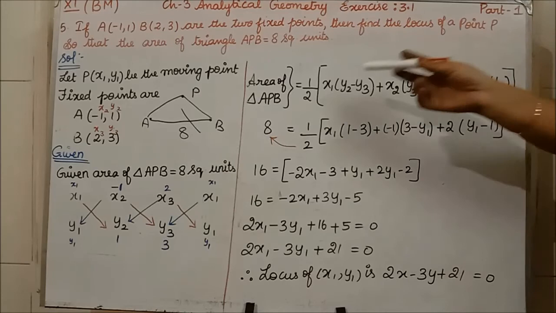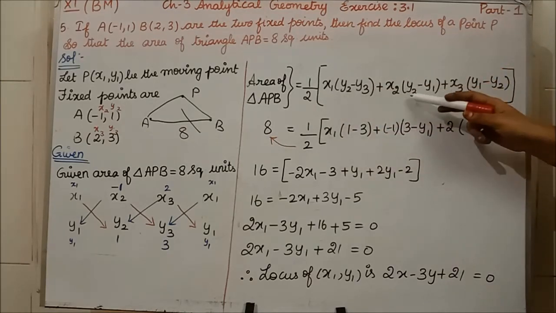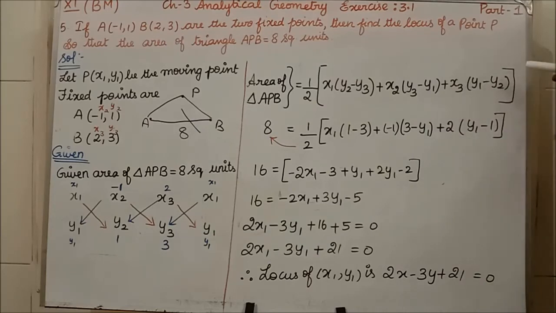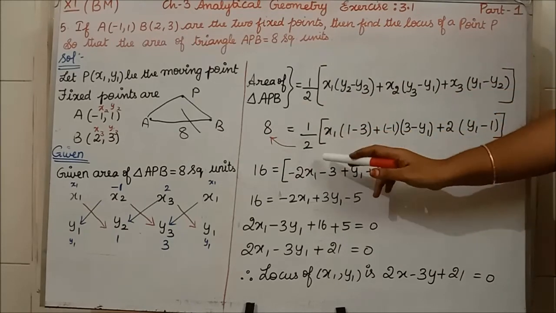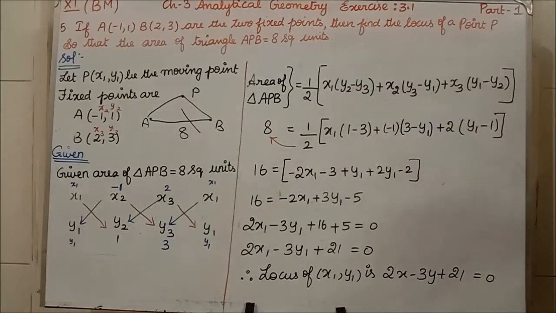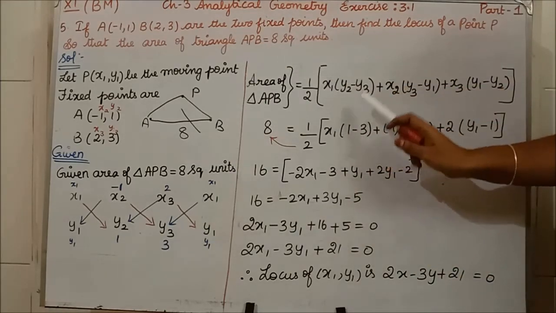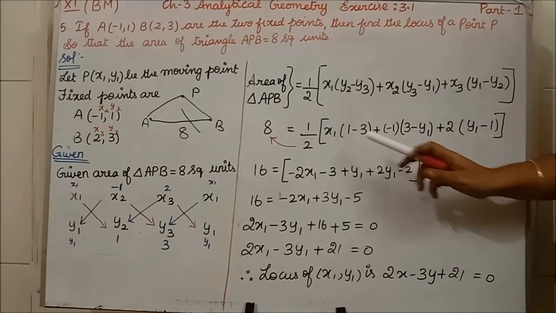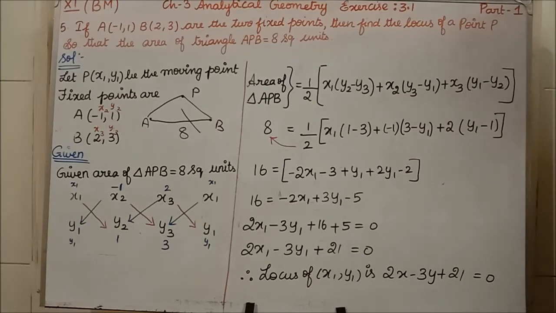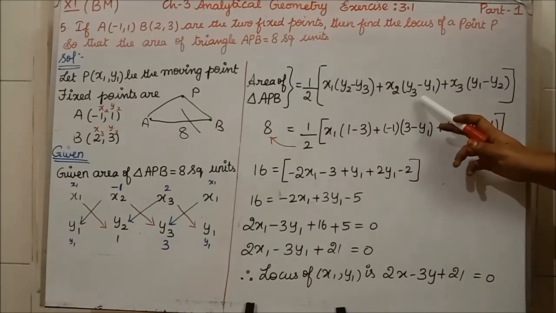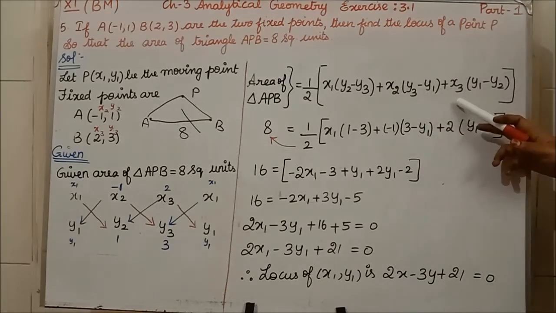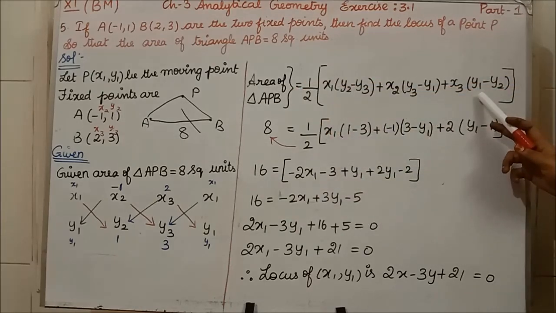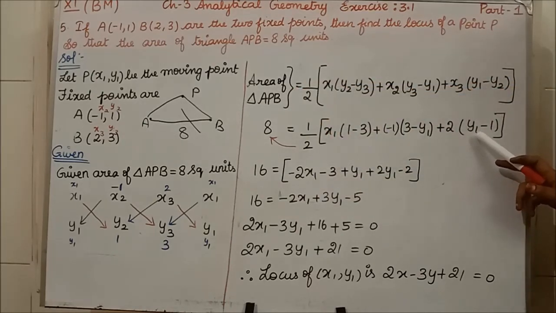The formula is x1(y2 - y3) + x2(y3 - y1) + x3(y1 - y2). So 8 = 1/2 [x1 (1 - 3) + (-1)(3 - y1) + 2(y1 - 1)]. x1 is the same x1, y2 is 1, y3 is 3, with a minus sign between. x2 is -1, y3 is 3, minus y1. x3 is 2, y1 is the same y1, y2 is 1.